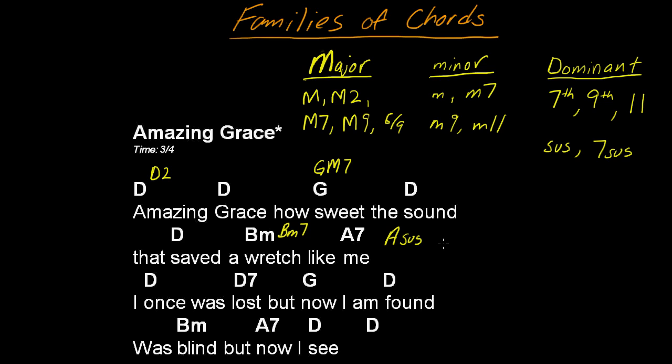And you can resolve that if you want to, or you can just keep it suspended. But by doing this, you can take a simple chord chart with just majors and minors or dominants, and really add color notes to make it sound sweeter.